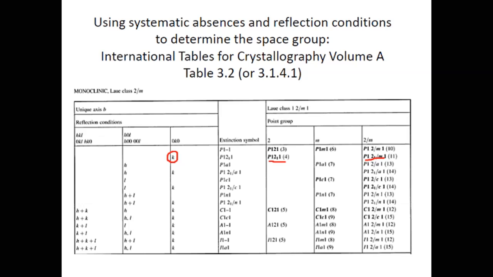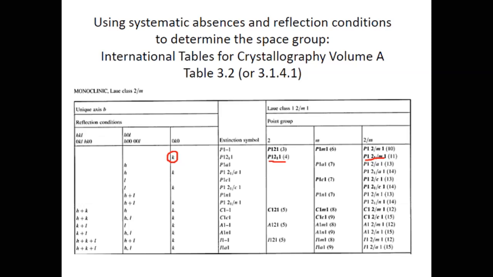So now let's look at P21 upon C. For P21 upon C, let's say we look at the H0L and the 00L where L odd is absent.